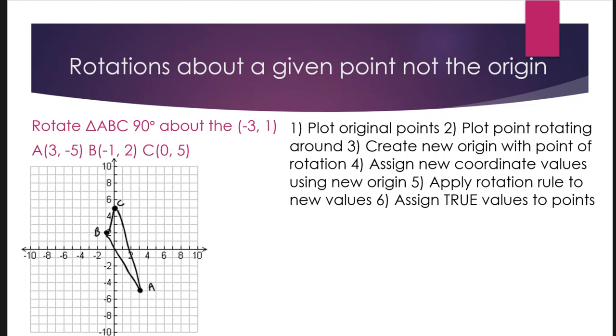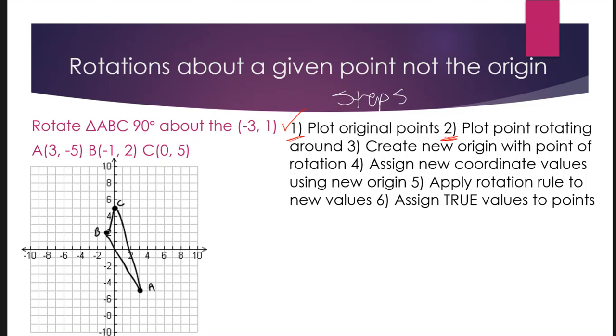What you want to do first is plot the original points, which is done. As you can see, I already have it here. Again, we're doing the same triangle. The second thing you want to do, step 2, is plot the point that you're rotating around.